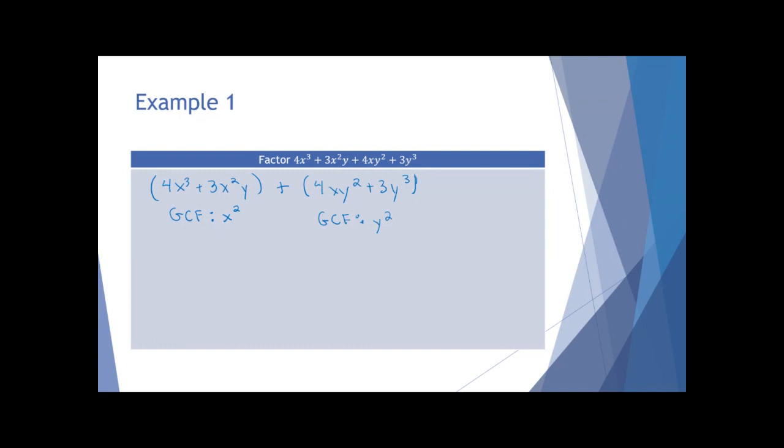And so now we're going to factor these out from each pair. So I'm going to show all of these steps, and I'm going to show the method where I divide, because that's my preferred method. That was method 2 that I talked about in the greatest common factor video. So we are dividing our greatest common factor out of each pairing.